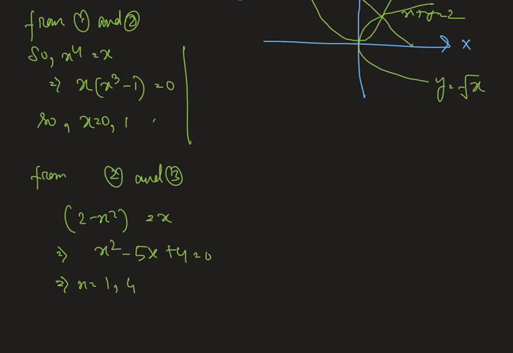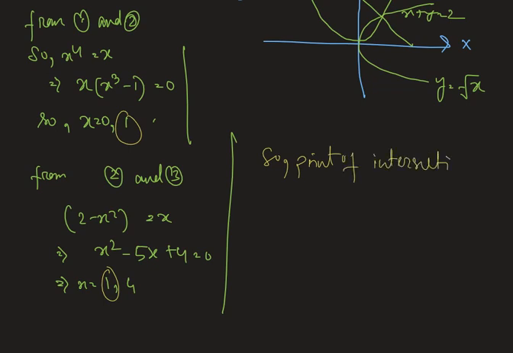Okay, so the point of intersection is x equals to 1.